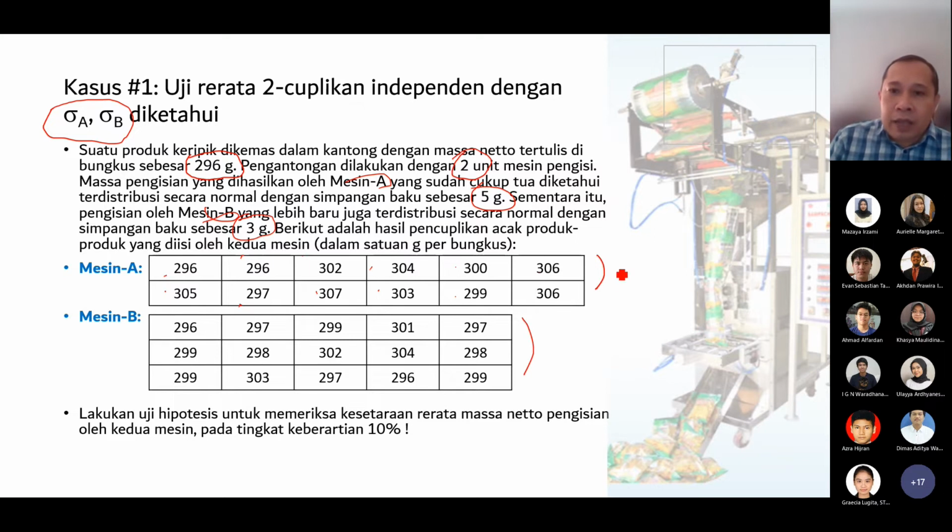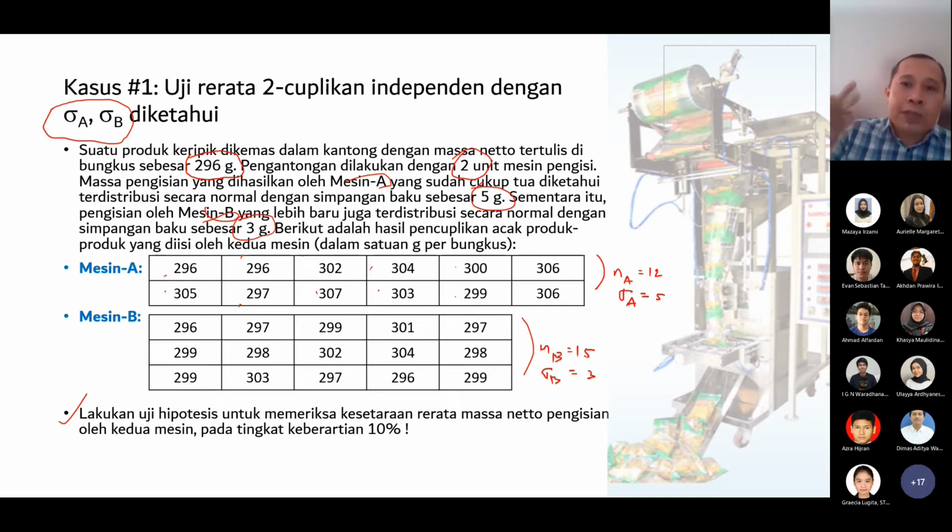For machine A, the sample size is 12, and here the sample size is 15. Again, from the problem, we also know sigma A, the population standard deviation of machine A, is assumed to be known at 5 grams, and sigma B is 3 grams. Now we are asked to perform a hypothesis test to check the equality of the means.